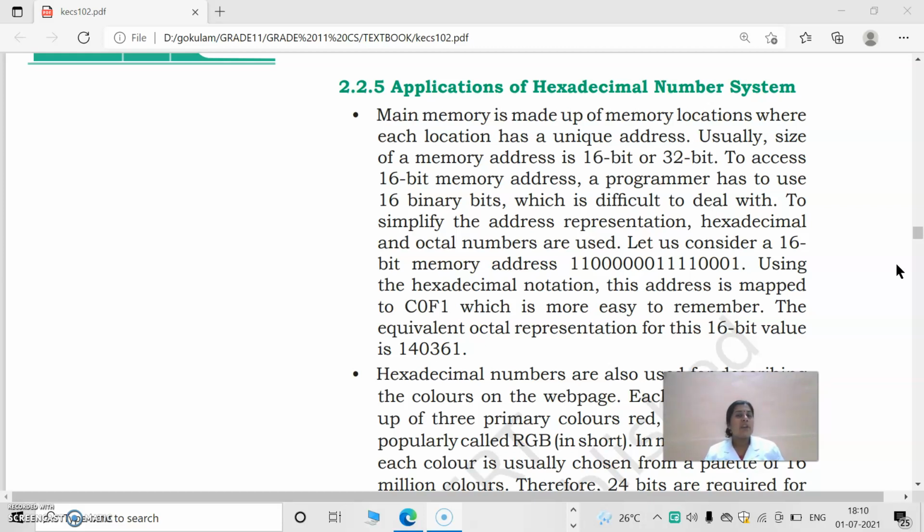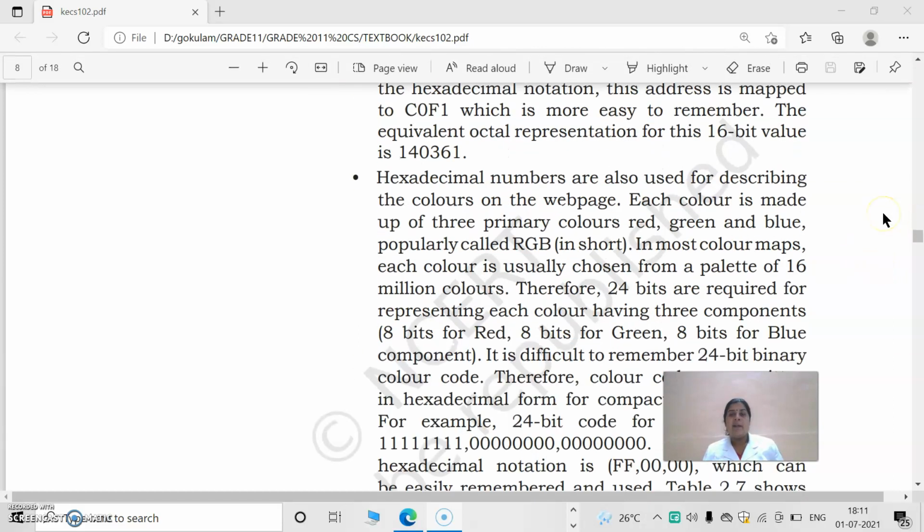When you see this F, remember that it is a memory address in hexadecimal. This F denotes the number 15, and its equivalent in binary is 1111. So by using hexadecimal, we can easily represent it.